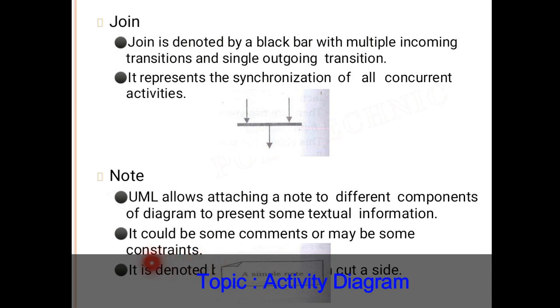Unified Modeling Language, UML, allows attaching a note to different components of a diagram to present some textual information. It could be some comments or some constraints, and it is denoted by a cut-side rectangle. So whenever we define any note for the system, suppose a note about the bank ATM system, then we have to use this type of symbol.